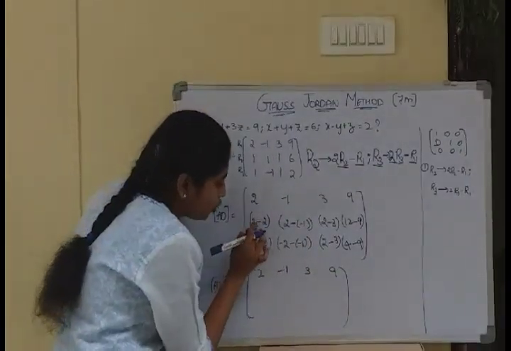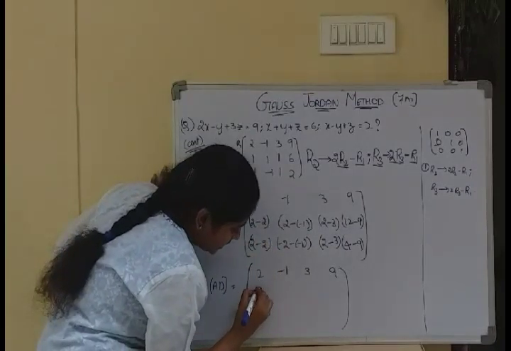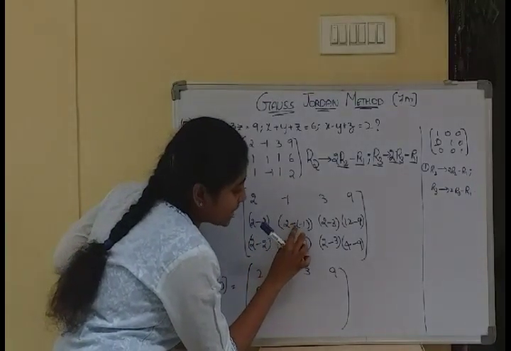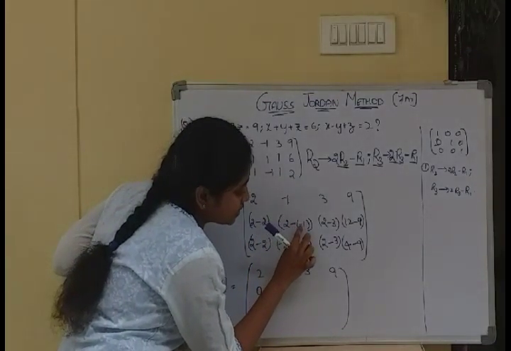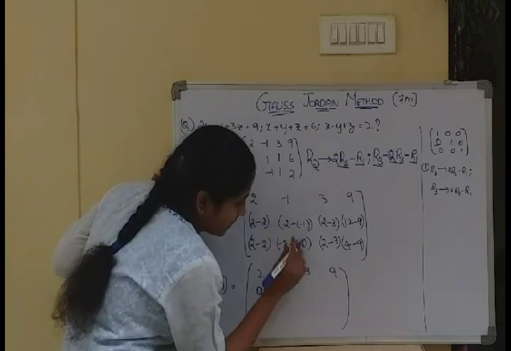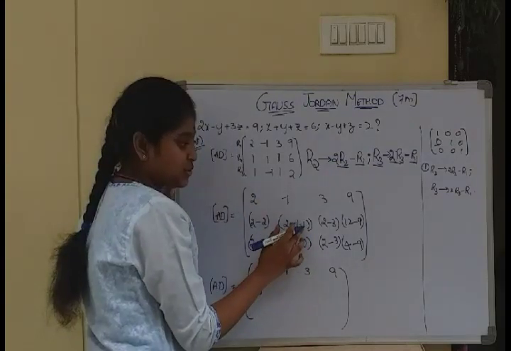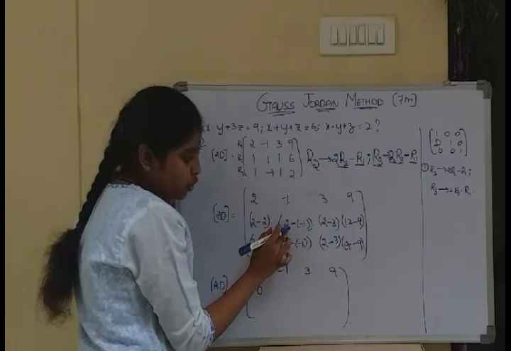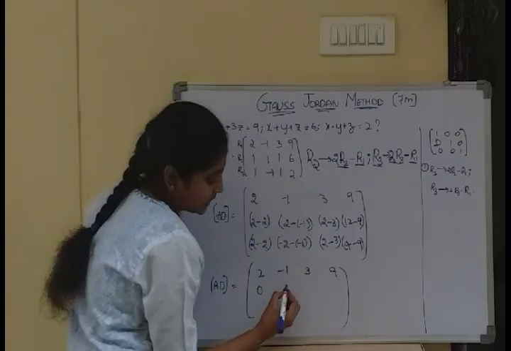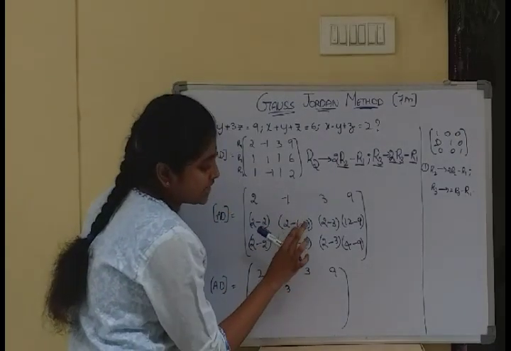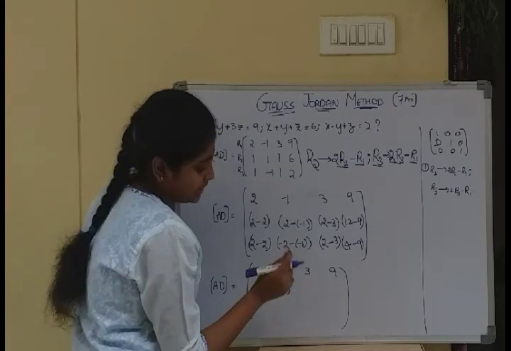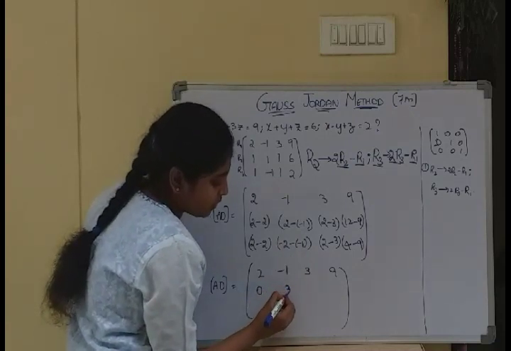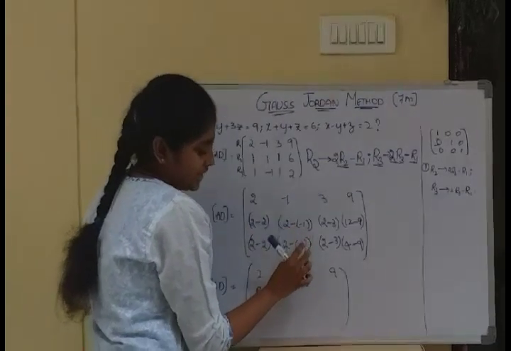Now here 2 minus 2, it is 0. 2 minus of minus 1: minus into minus is plus, so 2 plus 1 becomes 3. Again, minus into minus is plus, so 2 plus 1 is 3.